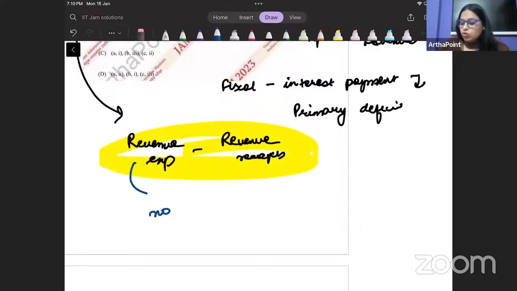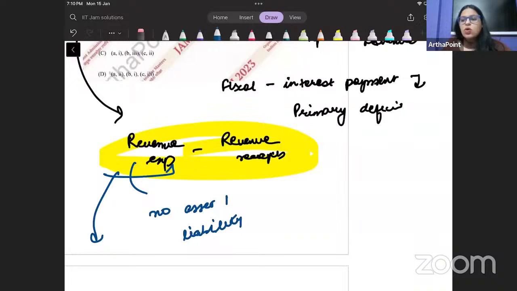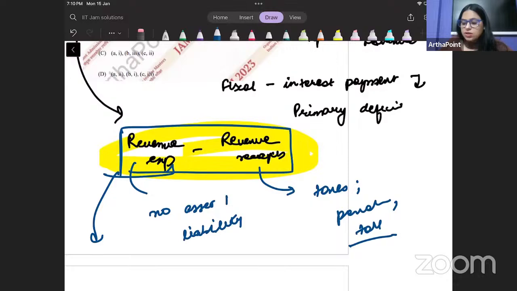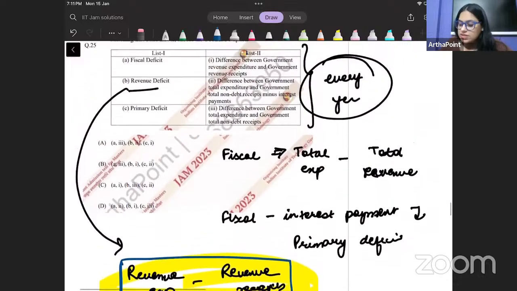What are revenue expenditure and revenue receipt, beta? Where no asset or liability is involved. So revenue expenditure, जैसे you are paying salary to the government employees, or revenue receipt will be where you have collected through taxes, right? Or it can be through, say, money collected through some penalty charged on people who are paying late tax, or some toll tax collected. No asset or liability is involved. Then that is revenue in nature. So what we can say then?